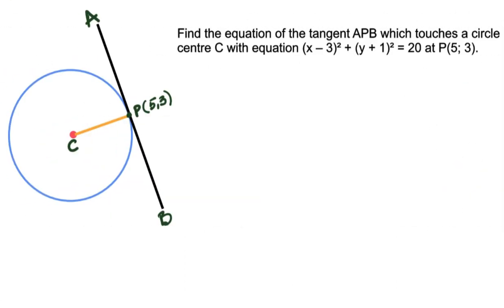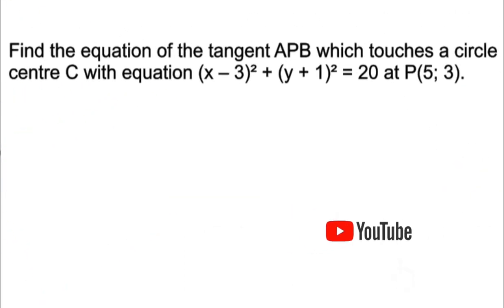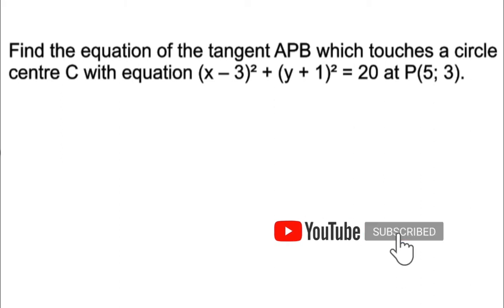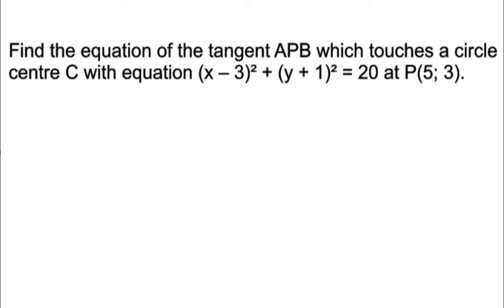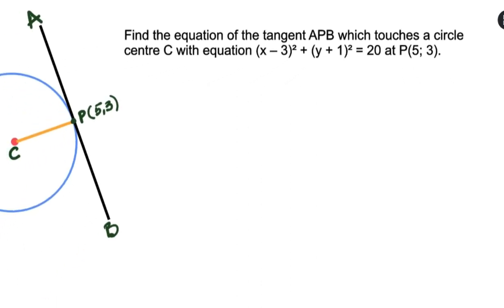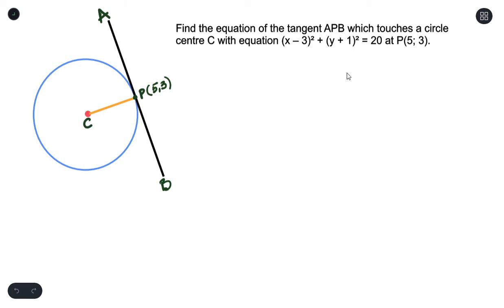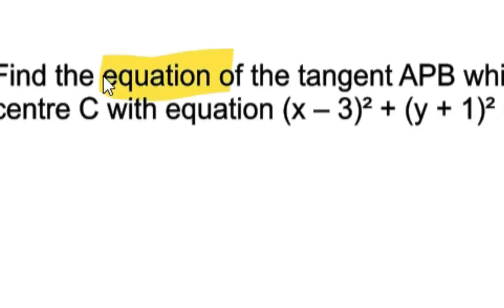Now this question says find the equation of the tangent APB which touches a circle, center C, with equation (x minus 3) squared plus (y plus 1) squared is equal to 20. At P is (5, 3). Okay, now the question is asking us to find the equation of a tangent.